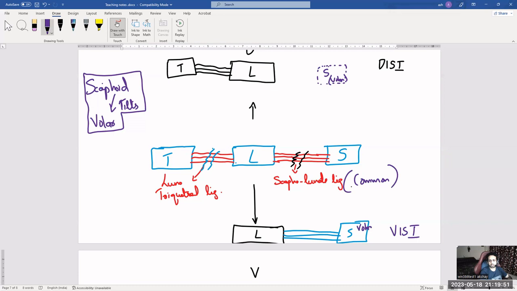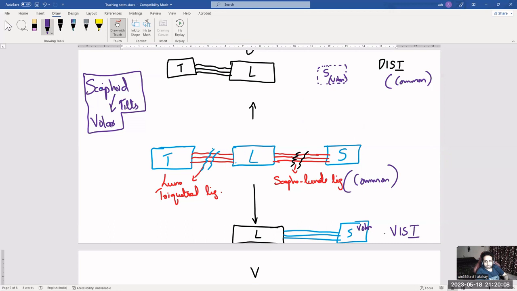Okay. So what happens? This DISI is common. Lunotriquetral ligament injury is very rare, so VISI also is very rare.